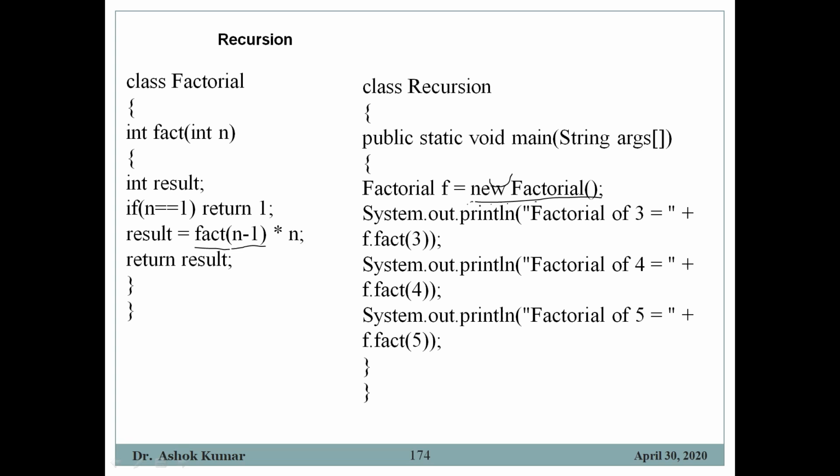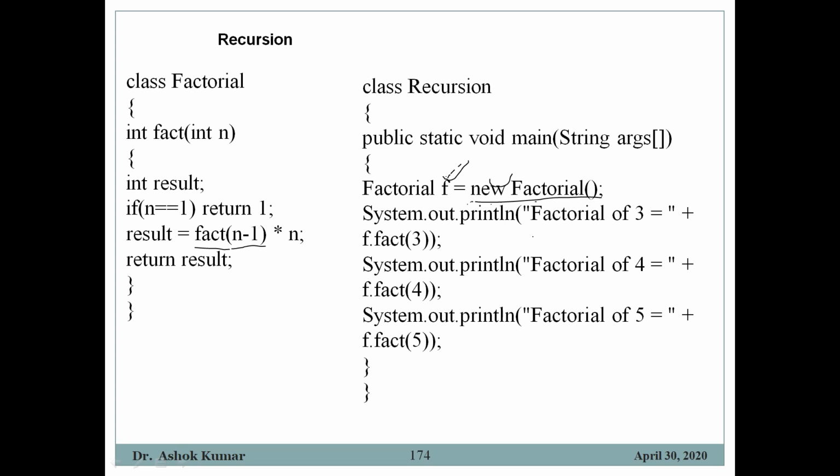This will call a constructor of the factorial class, and because a constructor is not there in the factorial class, Java will provide its default constructor. That default constructor will be executed and a new object will be created. That new object will have a reference f.